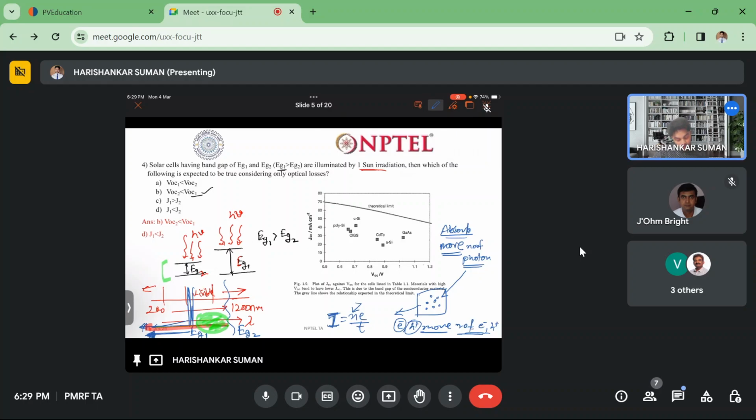So is it clear? If the band gap is less compared to the other material, then more photons are absorbed by the less band gap material, exciting more excitons and giving us more electron hole pairs, and current is high. Clear? So D is also correct.